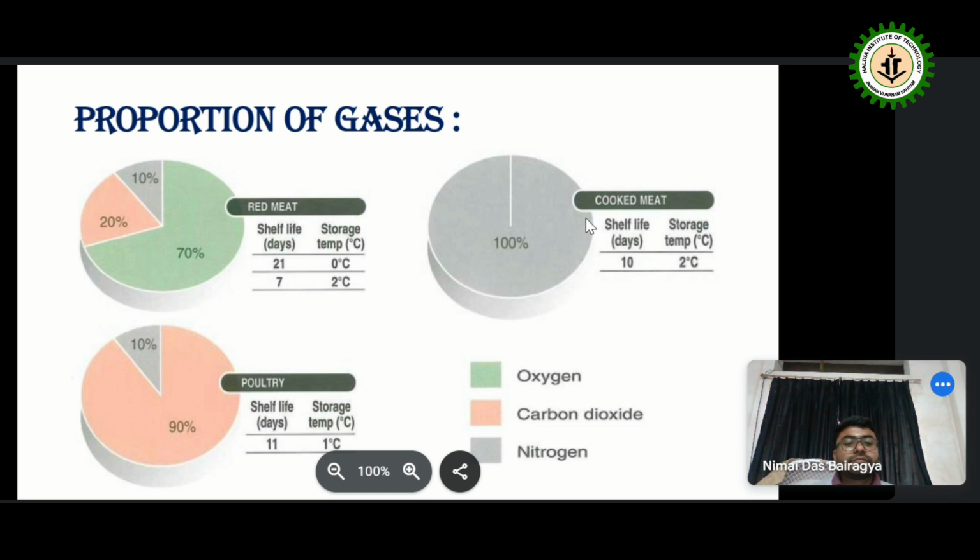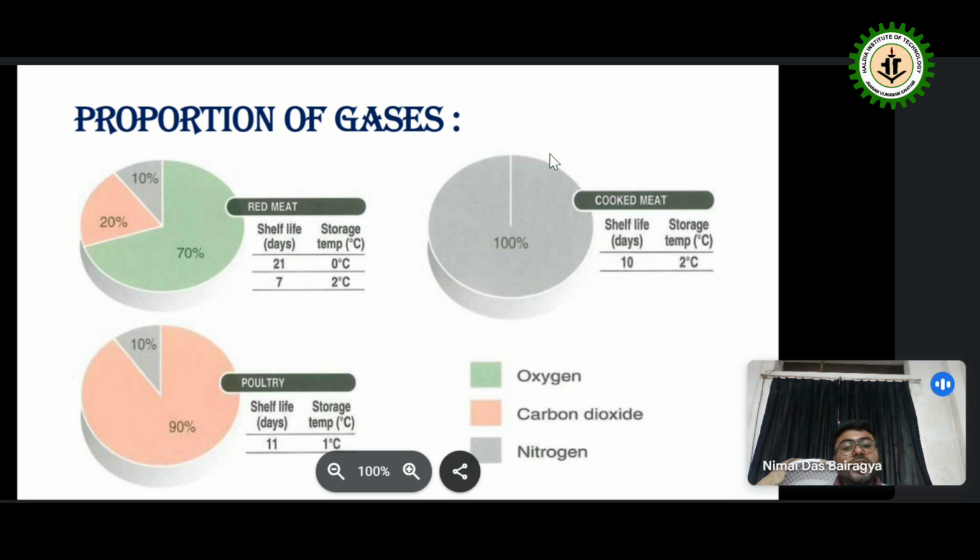And next, this is cooked meat. So if we package the cooked meat or ready to eat meat in packaged food products, then we have to use 100% of nitrogen to decrease, as we told previously, the respiration rate and the microbial growth.